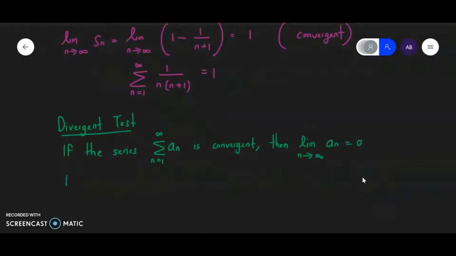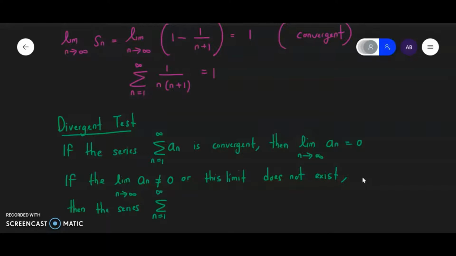If the limit as n approaches infinity of An is not equal to 0, or this limit does not exist, then the series An is divergent.